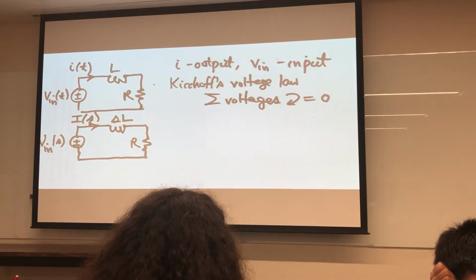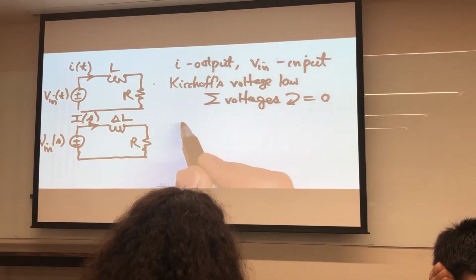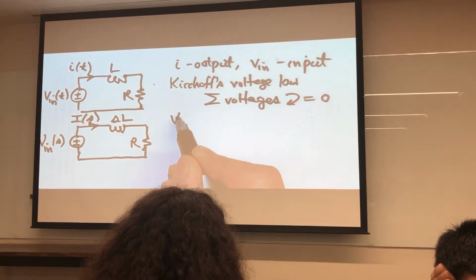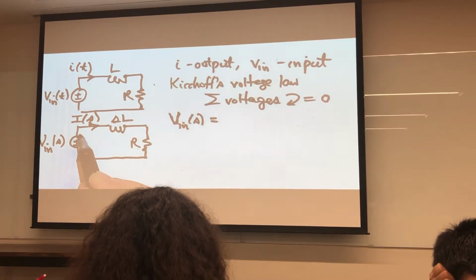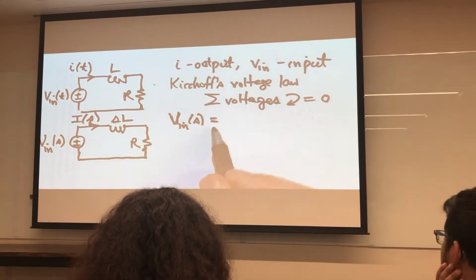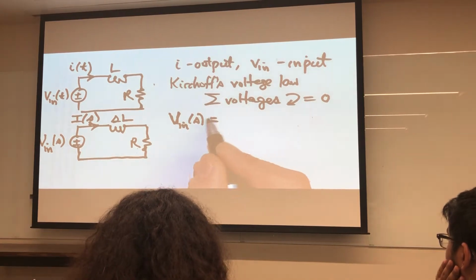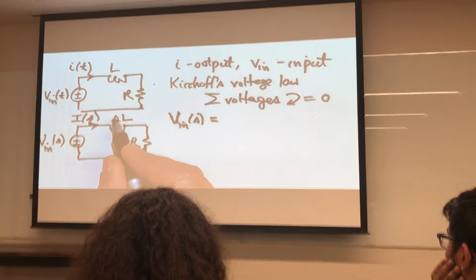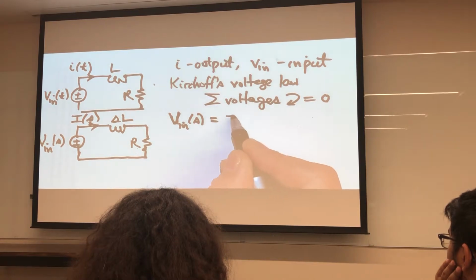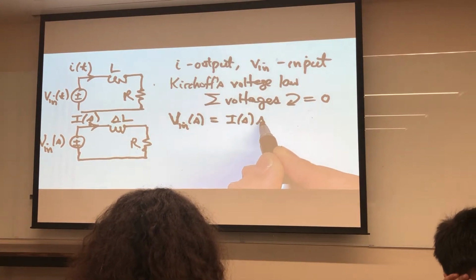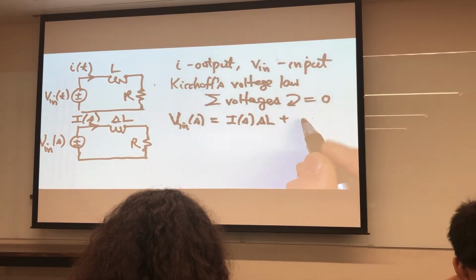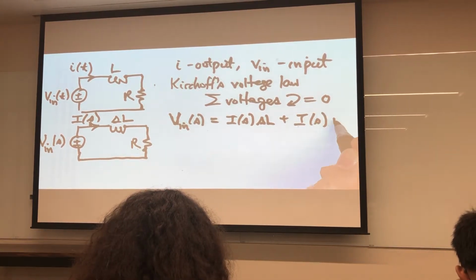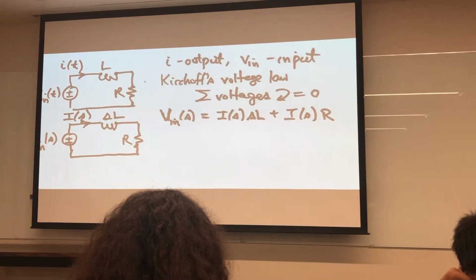Sum of voltages around the loop is equal to 0. We'll use this notation, and we'll get something like this. Vin of s is equal to all the drops around the loop, or the rise on this side is equal to the drops on the other side. So I got a drop here, which will be I of s times sL, plus the drop across this, which is I of s times R.